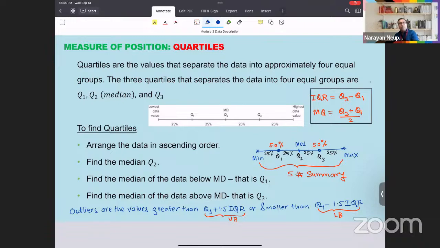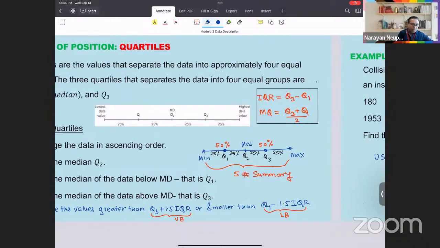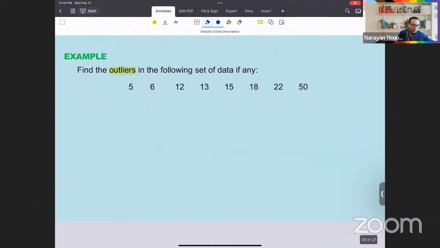So from the given data, you have to find Q1 and Q3, and then you find the lower and upper boundary. If you see anything below the lower boundary or anything above the upper boundary, they are the outliers. That is exactly what we are doing here. So for this example, please plug in the data in your calculator and find Q1 and Q3 first.